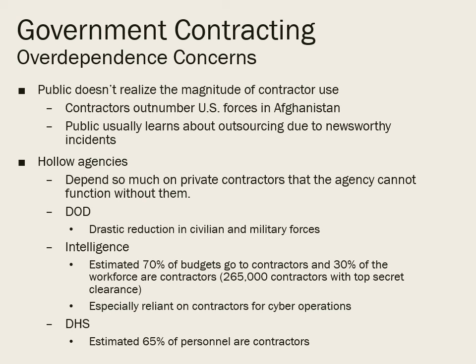Similarly, the NSA and other intelligence agencies have noted that if they had to give up their contractors, they couldn't function. Private contractors working for the CIA have recruited spies in Iraq, paid bribes for information in Afghanistan, protected CIA directors visiting various cities around the world.